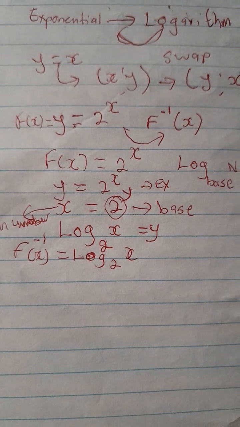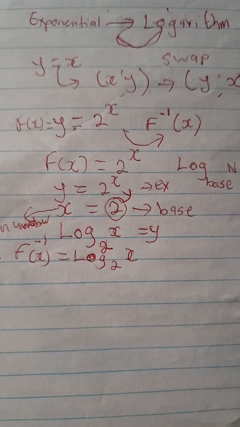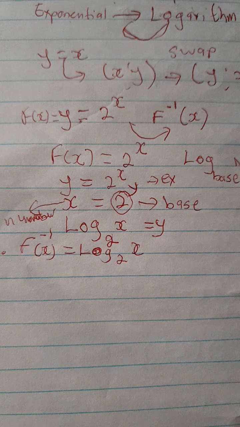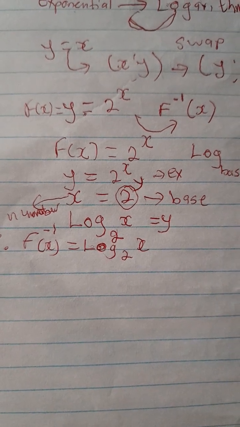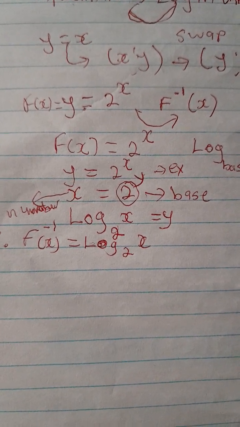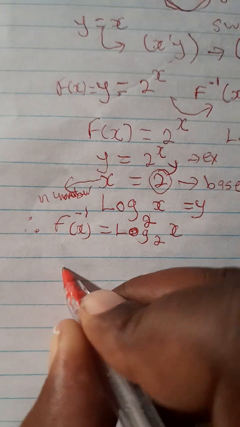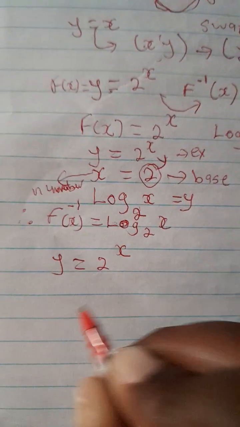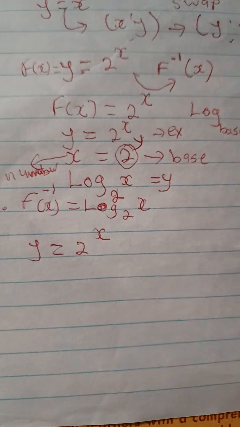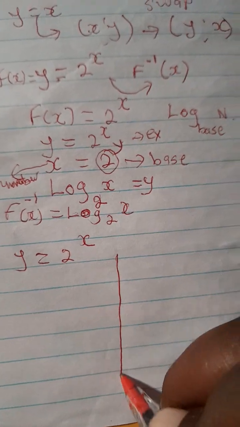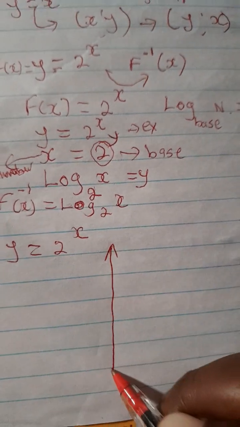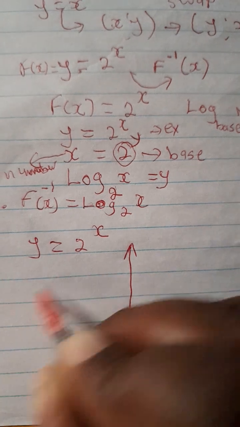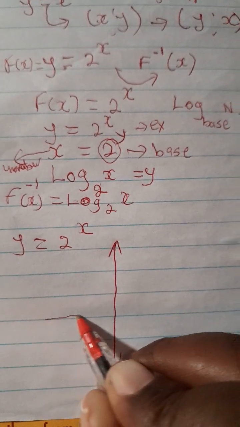Okay, what is another thing? Now let's look at how to sketch. First, we will sketch the original equation, remember we have 2 to the power of x, guys. So let's first find your y-intercept, because we can't find an x-intercept in this form.